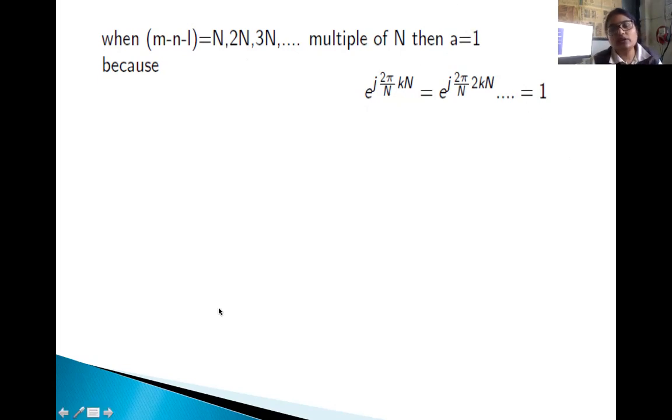So ह्याची value ही this is you will be getting, this is always equal to 1, right?